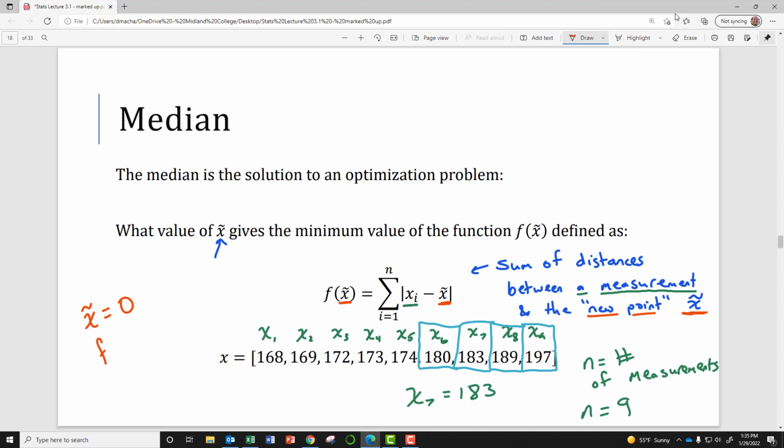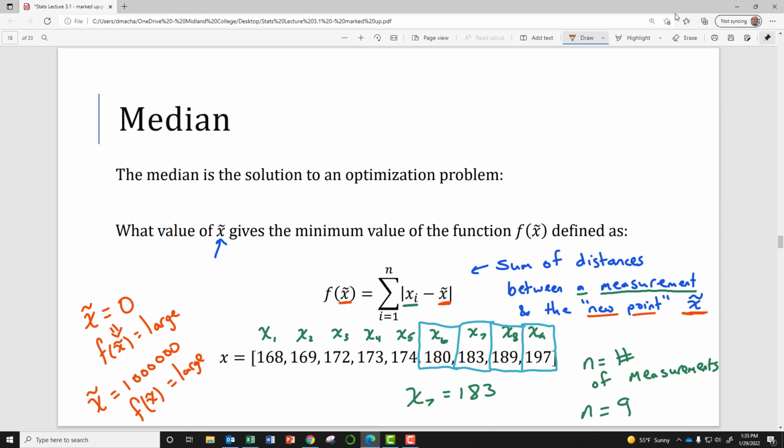That would make my f of x tilde large, right? Because the distance between 0 and all of these numbers is a really large number. If I let x tilde be really large in the other direction, like 1 million, that would also make my function value very large.